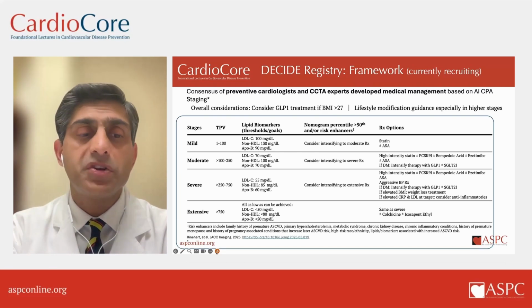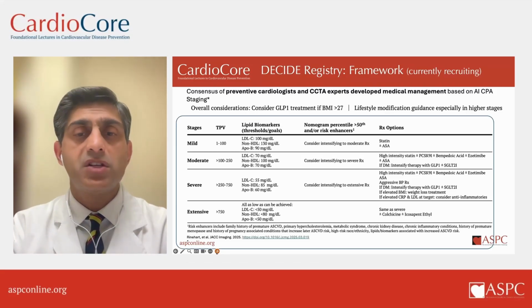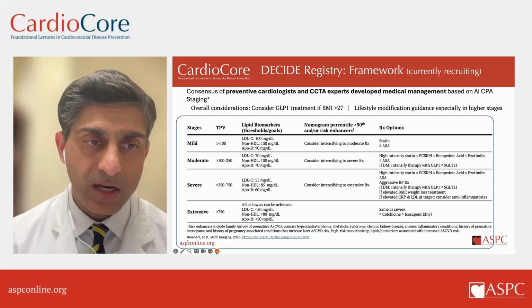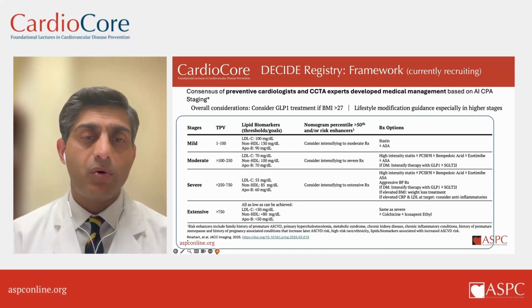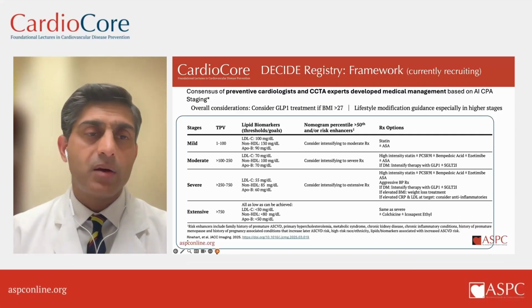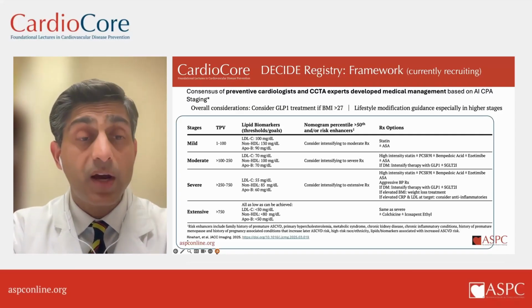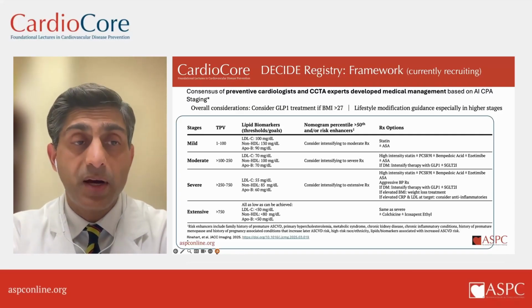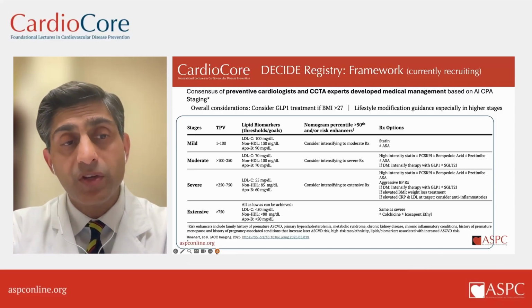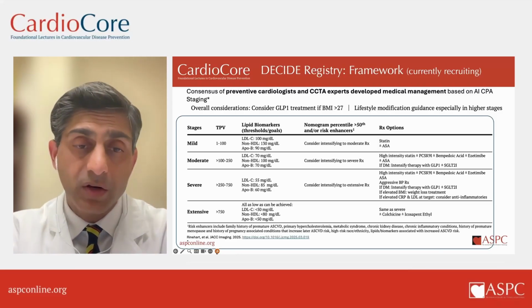I like this slide a lot simply because I want to make it very clear this is not a, quote, guideline, but in clinical practice like myself, I'm always looking for ways to further risk stratify. I want to highlight some of the approaches by this group of experts on how to treat different stages of total plaque volume.